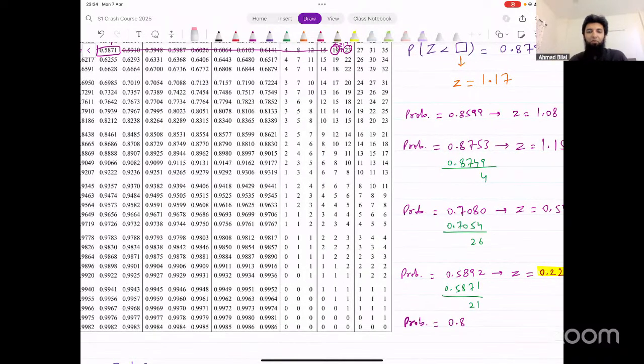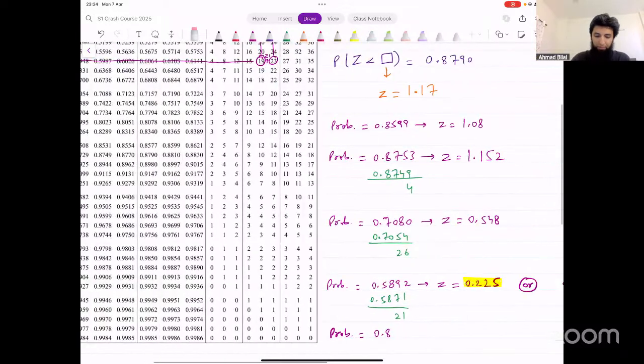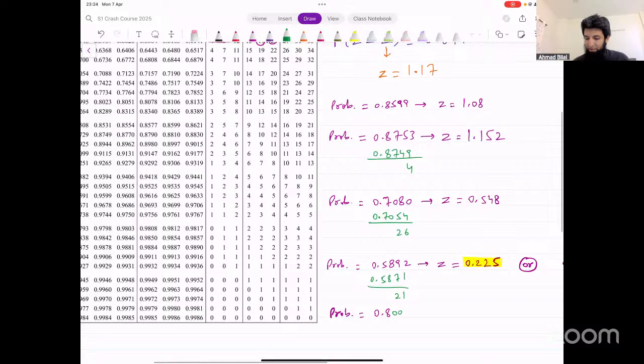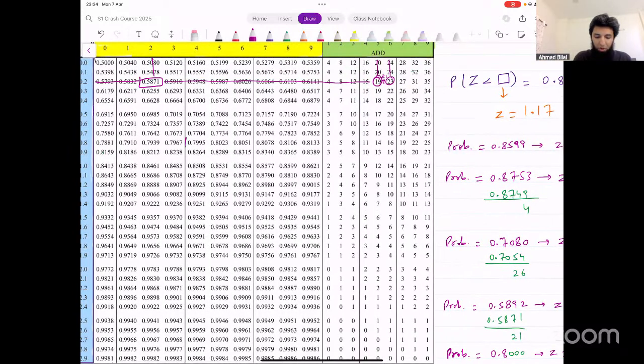If it's 0.8, what you would do would be, you would think of it as 0.8000. Okay? So think of it as 0.8000, and then find the corresponding z value for that. 0.8000. The smaller number from that is this 0.7995.